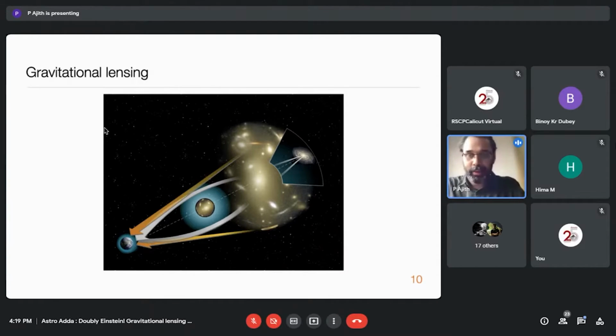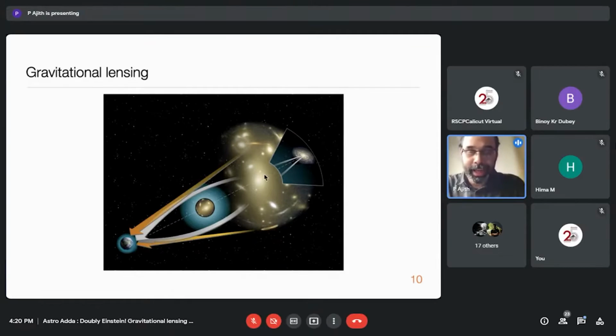So here is one cartoon version of a strong gravitational lens. Here is the Earth. We are on this left side, and there is a distant galaxy, and there is another galaxy in between us and this distant galaxy. And this middle galaxy acts as a gravitational lens by bending the space-time around it.